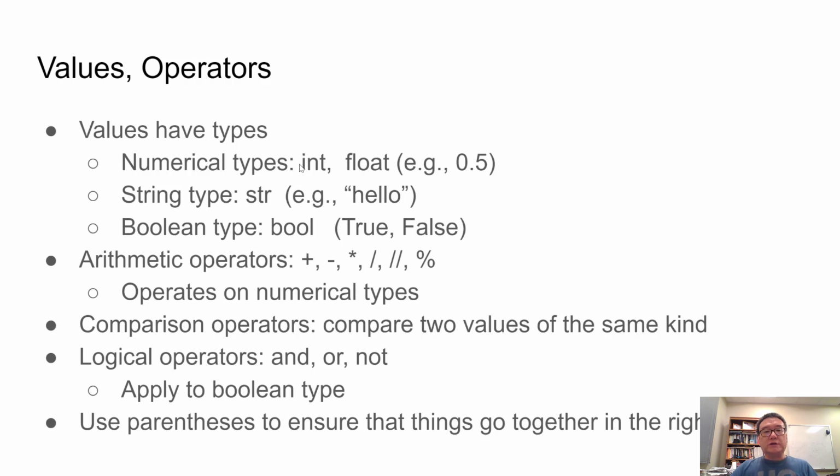We mostly use int, integers, but we can also get non-integers, which are known as float, which stands for floating point number. The name comes from historically how such a decimal number is represented in the computer. The method is called floating point. So this is known as a floating point number, a float type.